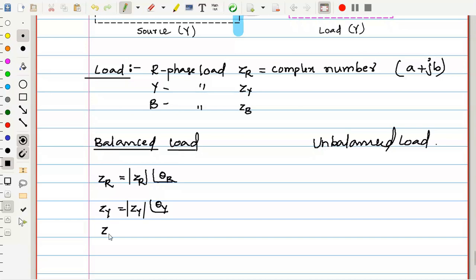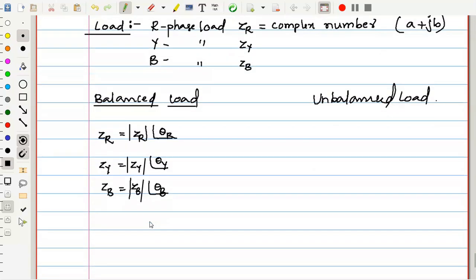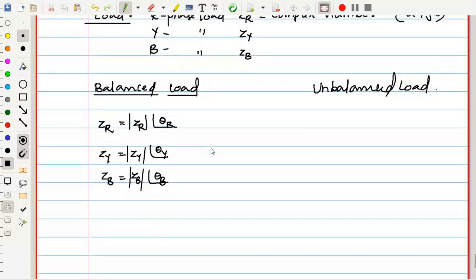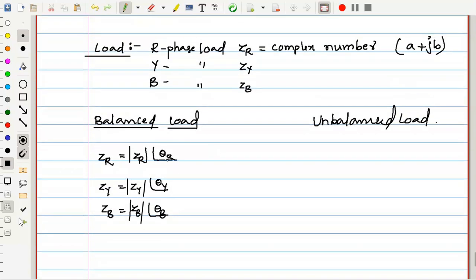Similarly, ZB is equal to mod ZB at an angle of theta B. Whatever these complex numbers are, I am putting them in polar form. That's the only difference.